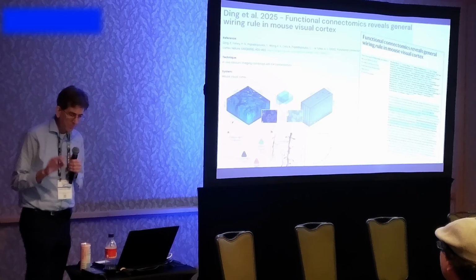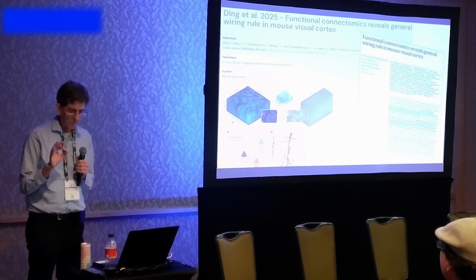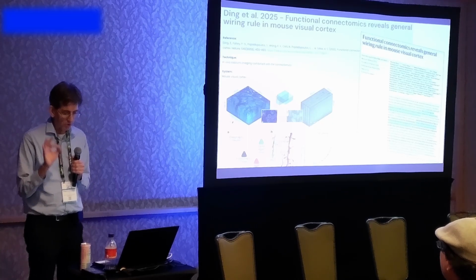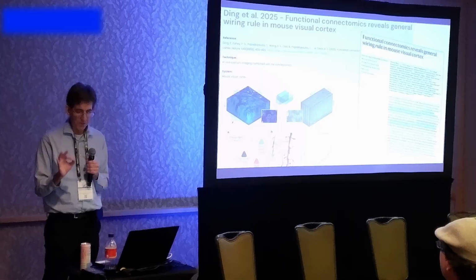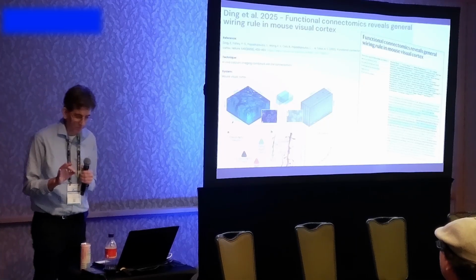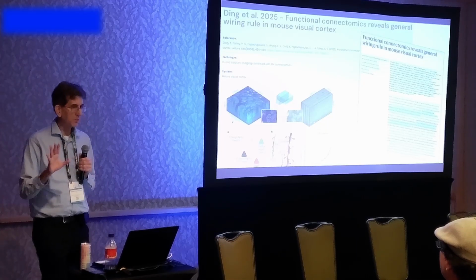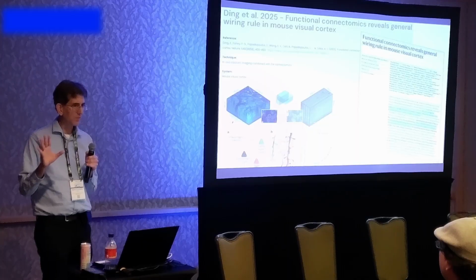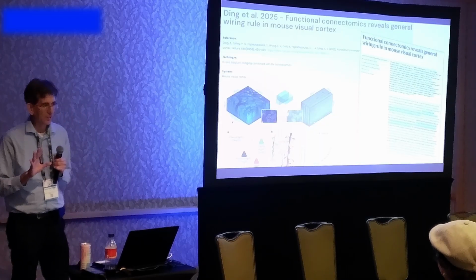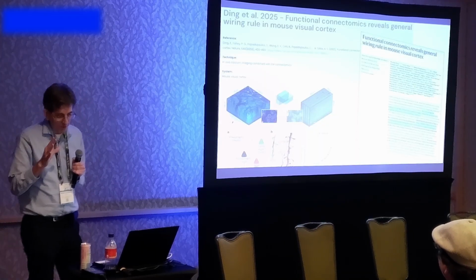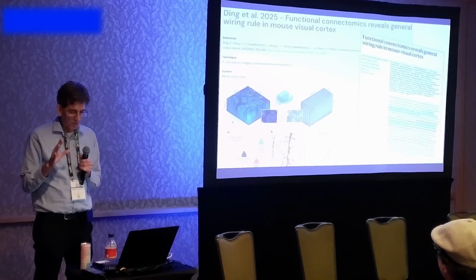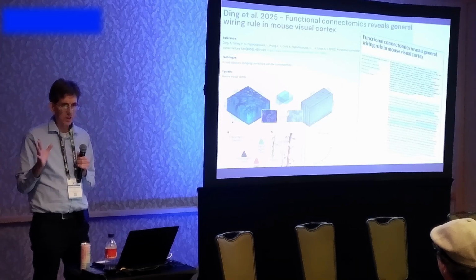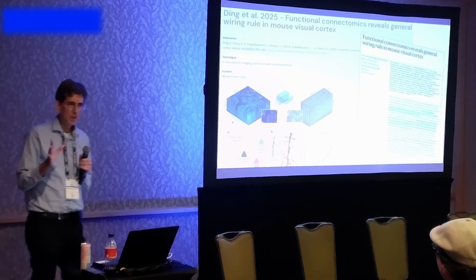So finally, the paper Functional Connectomics reveals general wiring rule in mouse visual cortex by Ding et al. At some level, this paper had to win. The MICrONS project is perhaps the most ambitious connectomics project to date.